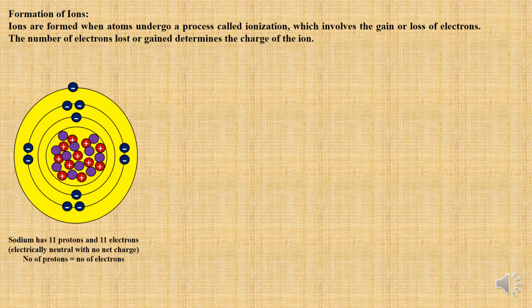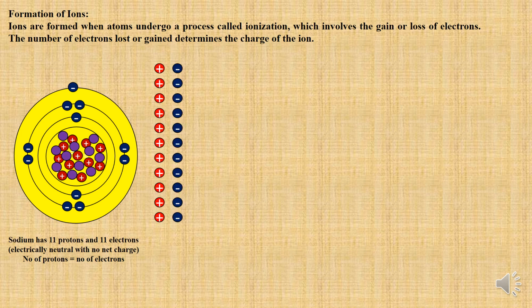So here we have the sodium atom. It's electrically neutral with no net charge because in the elemental form it has 11 protons and 11 electrons. So the number of protons is equal to the number of electrons. Here you have 11 protons and 11 electrons in the sodium atom.